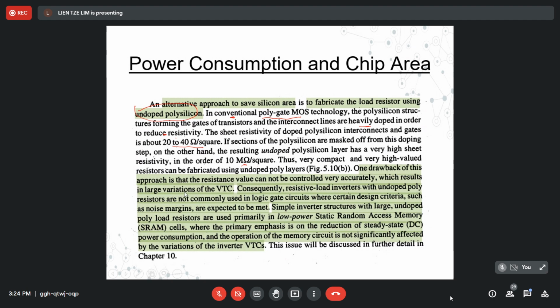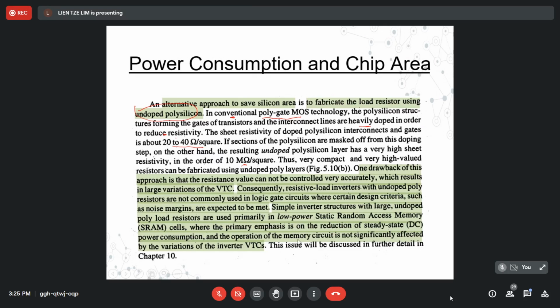But these variations do not have any effect on the power consumption. In a CMOS circuit, we have to prioritize the power consumption. We need to make sure that the power consumption is low. If not, it will cause the breakdown of the circuit. So for this purpose, for the low power cell, the undoped polysilicon resistor still can be used in this application.